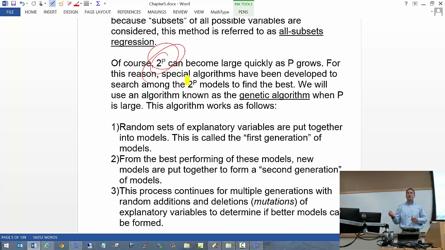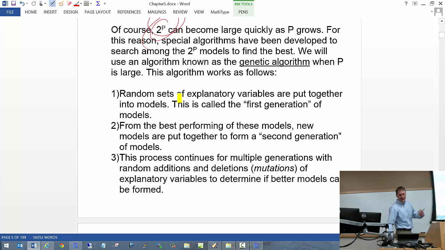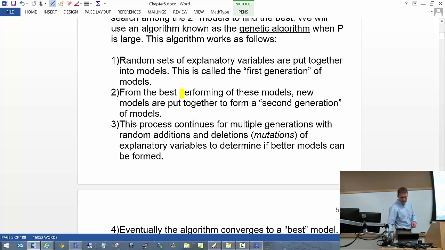The name genetic comes from how this algorithm works, as it has some genetics analogies. This is how the algorithm works. Random sets of explanatory variables are put together into models. So maybe let's put x1 and x2 together, and maybe also put just x3 by itself in a model. This is called the first generation of models.